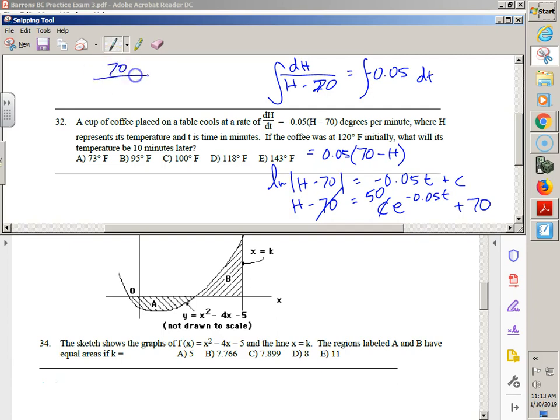Ooh, it's not logistic. Why not? The limiting by the room temperature does make sense, but logistic always goes up. It never goes down. I mean, it does go down, but it's not going to be a logistic curve. Why isn't it logistic? It's so close. They did that on purpose. That's mean.